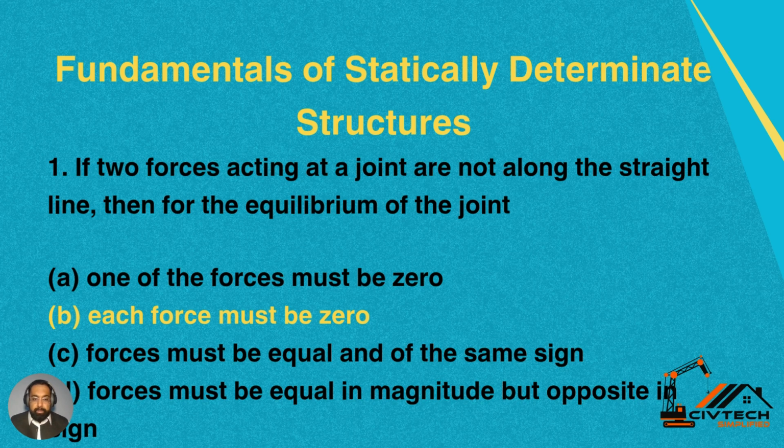Option C, forces must be equal and of the same sign. Option D, forces must be equal in magnitude but opposite in direction or sign. If two forces acting at a joint are not along the straight line, then for equilibrium of the joint, each force must be zero. Option B is the correct answer for this question.